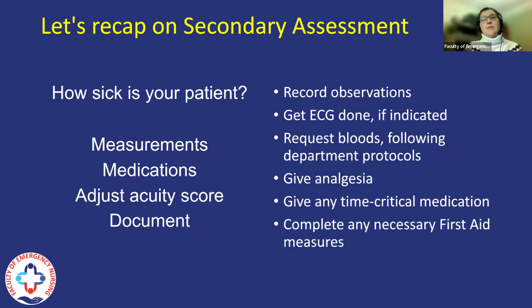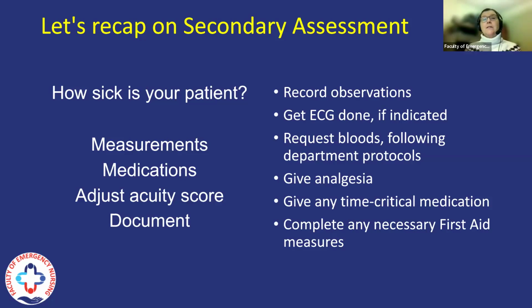Let's have a look at secondary assessment. What are we doing there? Again, clear question. How sick is your patient? And the job of secondary assessment, as you'll remember from our lecture on that, is to do all the measurements, do the obs properly, get a full set, make sure you know how frequently you want them done, give any medication that you may wish to give, adjust the acuity score.